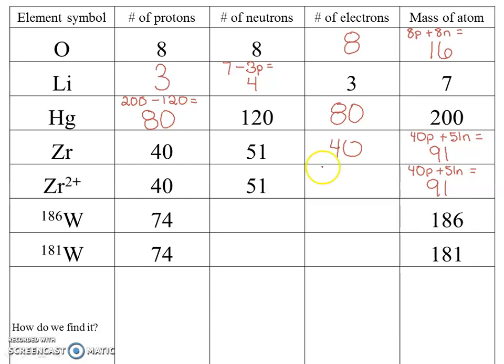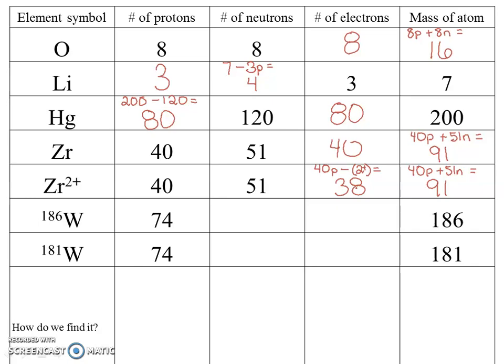If you recall from the last video, we used the number of protons minus the charge. So the charge here is 2 positive, and this will give us the number of electrons. If there are 40 positives, there must be 2 fewer negatives. 40 minus 2 gives us 38.